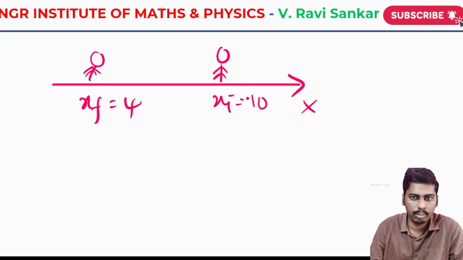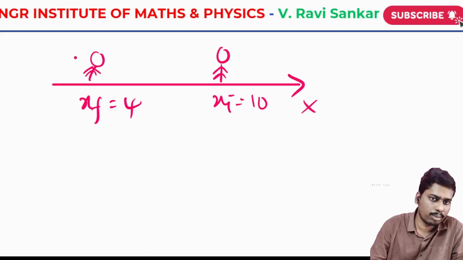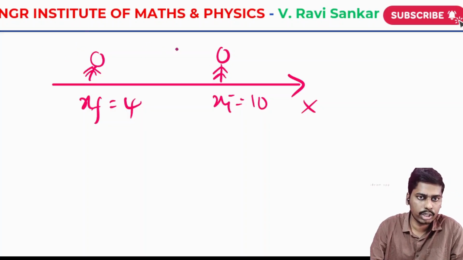It started at 10 meter, and it reached here. What is the direction? It is from initial position to the final position. Straight line joining the initial position to the final position. This is the direction of displacement.